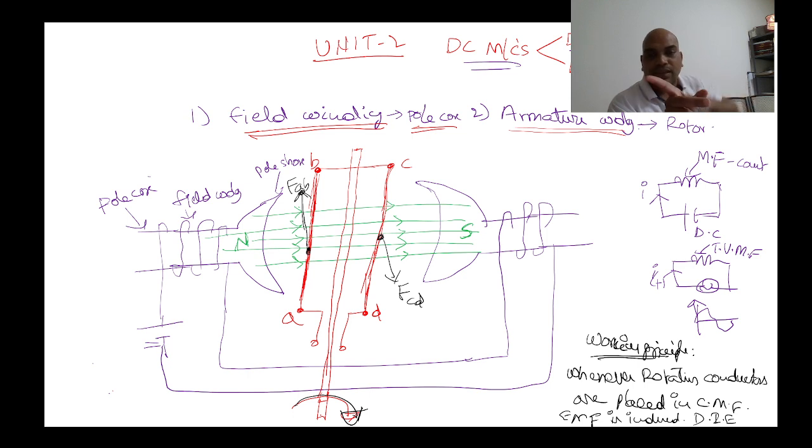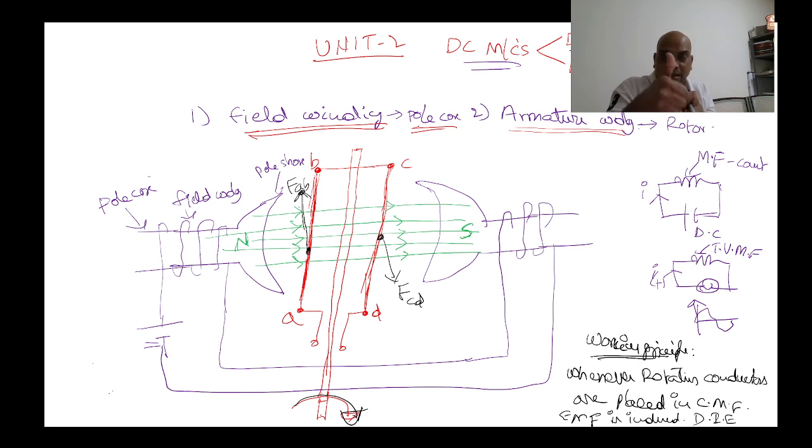Direction of magnetic field means where is the magnetic field developed? In the field winding. So magnetic flux lines are passing from north pole to south pole. This one represents the direction of magnetic field. And the armature conductor is rotating in clockwise direction. So these are the two conductors rotating clockwise, which means this conductor is moving in upward direction.